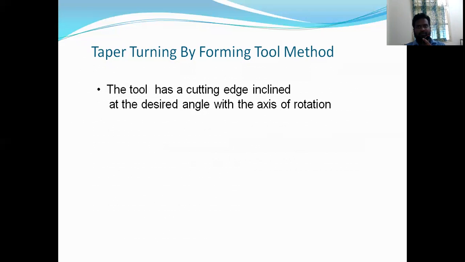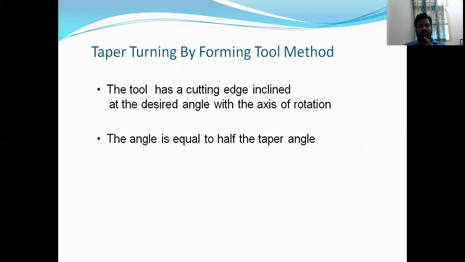Forming tool method means we are not using any inclination angle or calculation here. Just however much taper we are going to produce on the workpiece, that much angle we are producing on our cutting tool also, right?